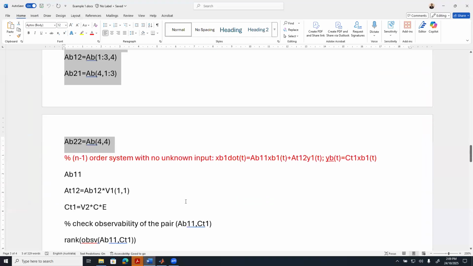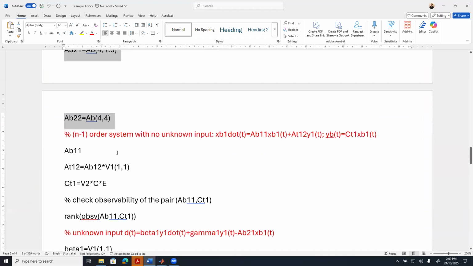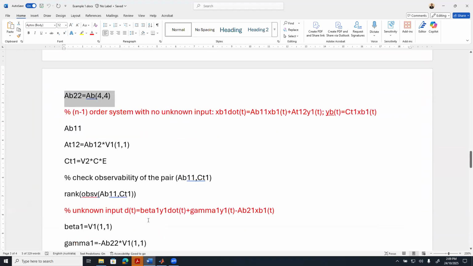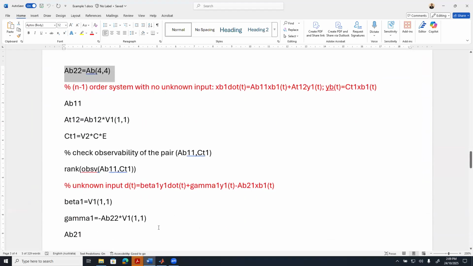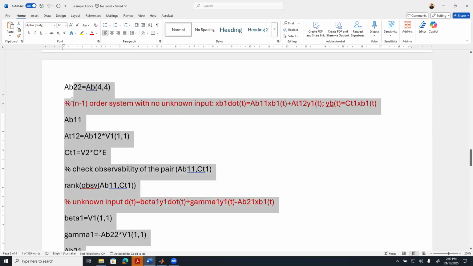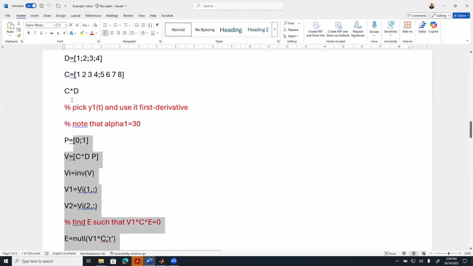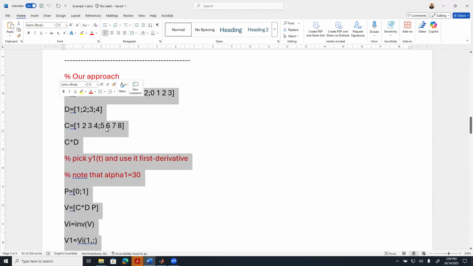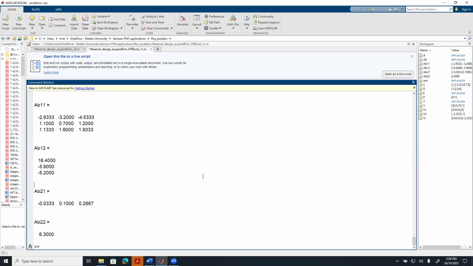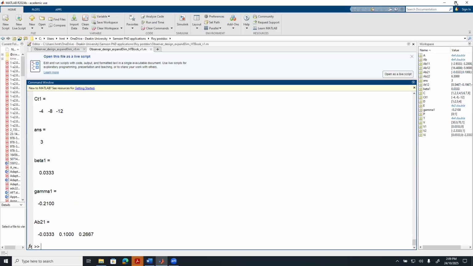And then we would be able to obtain the rest of the decomposition, which is d(t) equal to beta y1 dot plus gamma 1 y1 and a linear function of the stack vector. So let me cut and paste all of that code into MATLAB, and we should be able to get the decomposition done very easily.